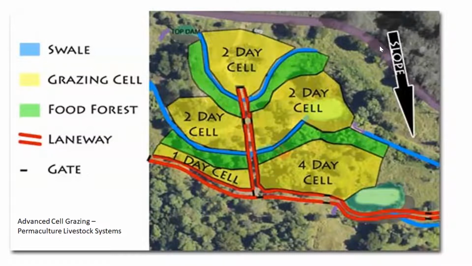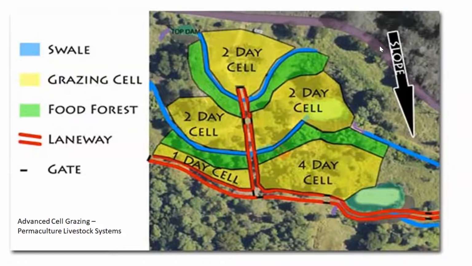So the yellow part is where we will rotate our cows and sheep and goats and chickens through. And then, when the raindrops come down and hit the manure, we have storm water that's rich in organic content.